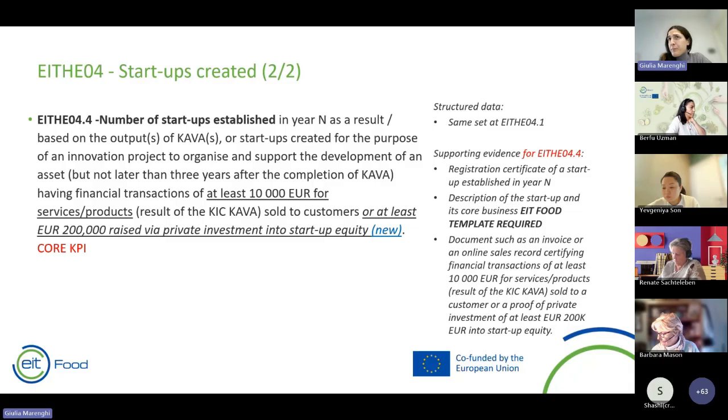And finally, a document such as an invoice or the online sales record that can certify that the minimum threshold of 10Ks of financial transaction has been met, or alternatively, that 200Ks of private investments minimum were raised.